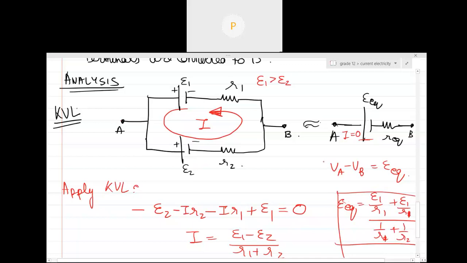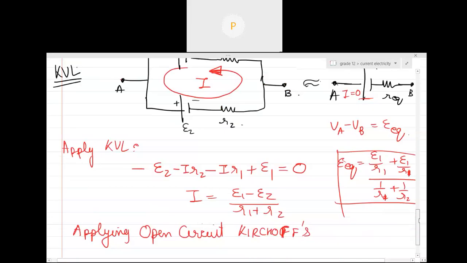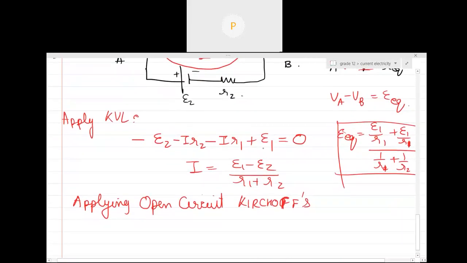Which equations are you talking about? I1, I2, total EMF equals capital V plus small v, that thing. You just directly wrote the formula, no derivation? No, we did the derivation with the help of this. Do one thing, guys. You can use open circuit Kirchhoff's equation, but don't use the name.